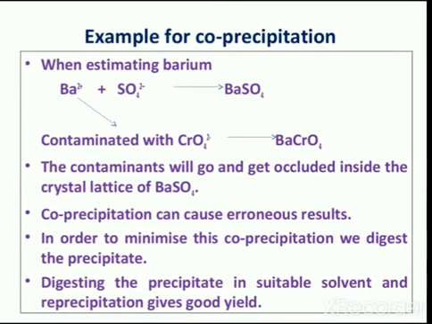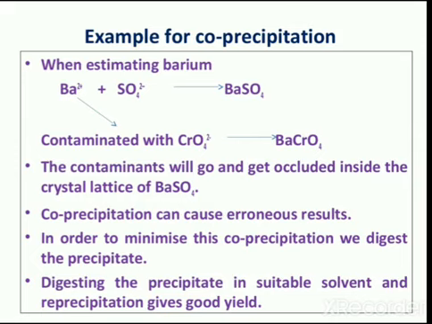And then we have the co-precipitation. What is co-precipitation? It is a process by which the normally soluble components of a solution are carried down, that is, soluble components also combine during the precipitation.